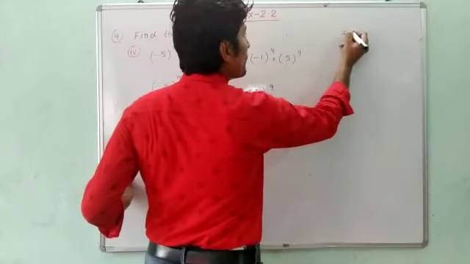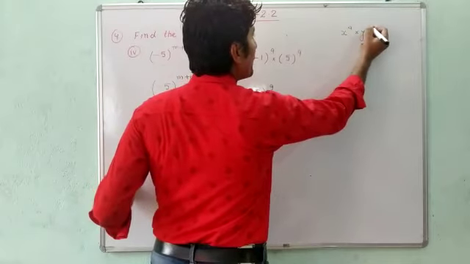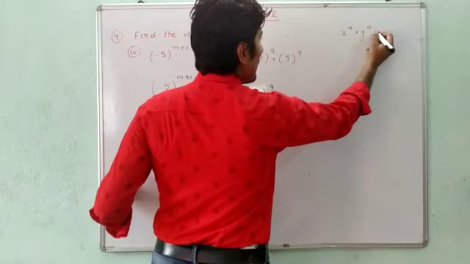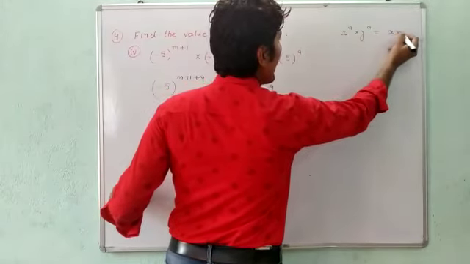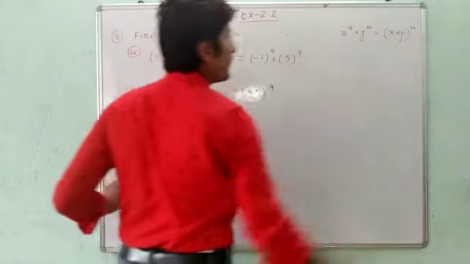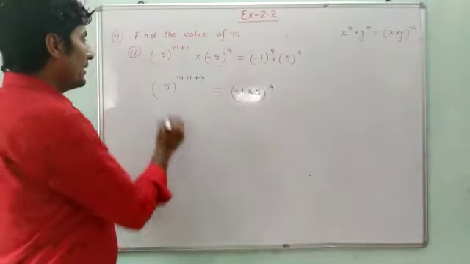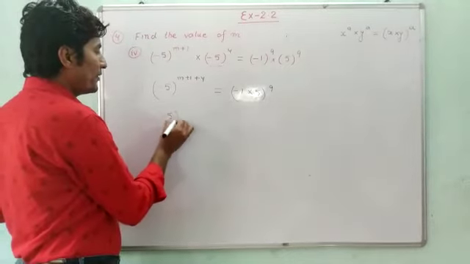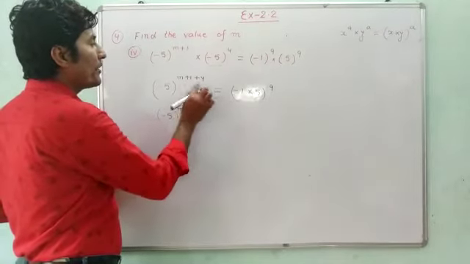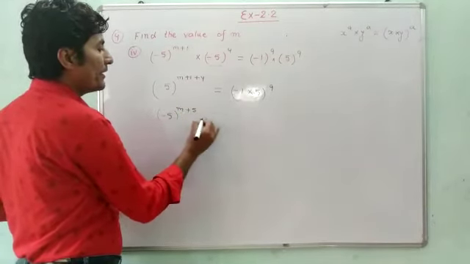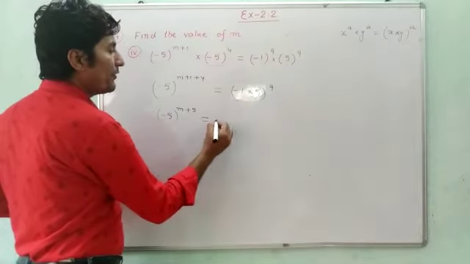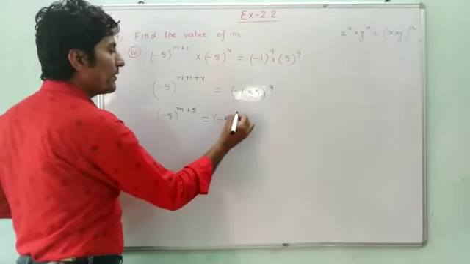If x to the power a multiplied by y to the power a are there, then we can write x into y and whole to the power a. We are going to use this identity. Now here we can write minus 5 to the power m plus 1 plus 4 equals minus 1 into 5 equals minus 5 whole to the power 9.